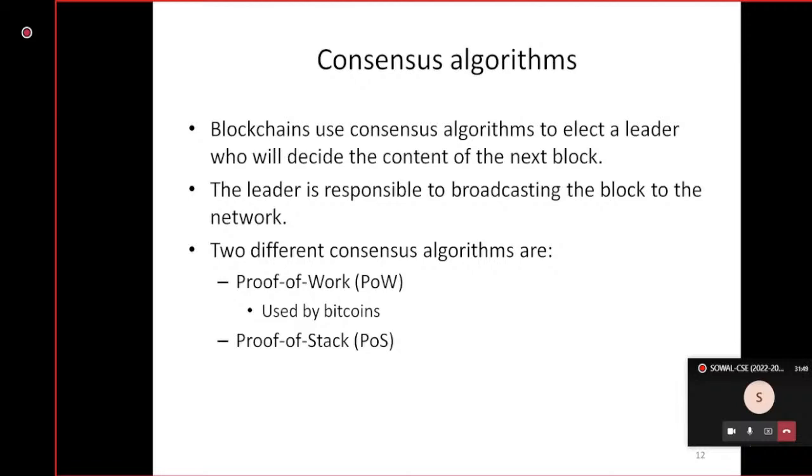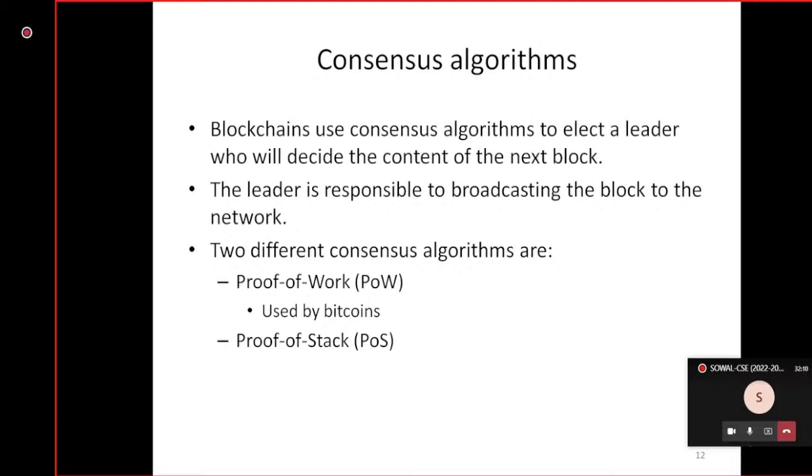And if all nodes are able to get access to design the new block, then there may be unsynchronization in the blockchain. In any case, we have to keep the blockchain synchronized. That means the same copy should be available on each of the nodes.